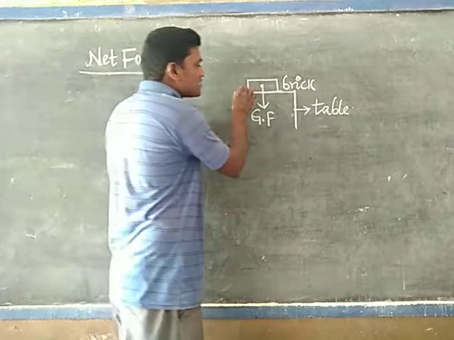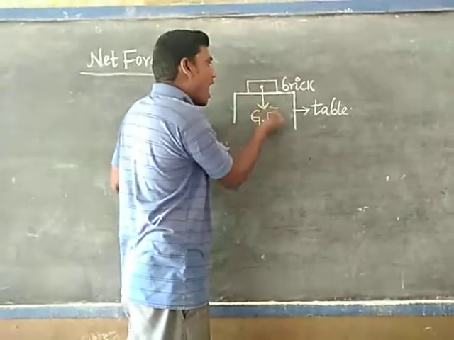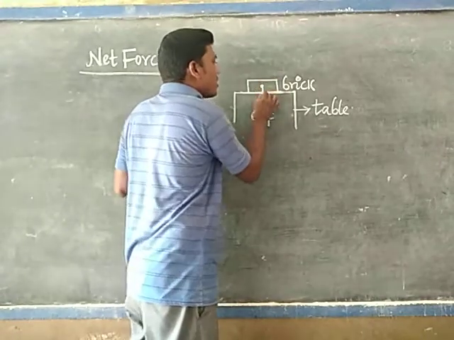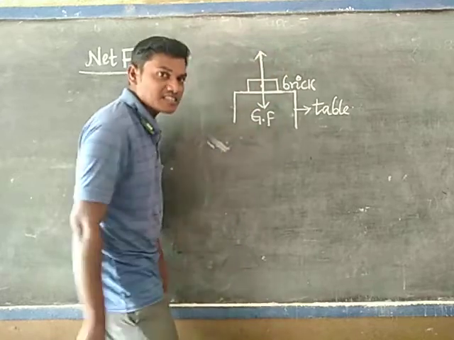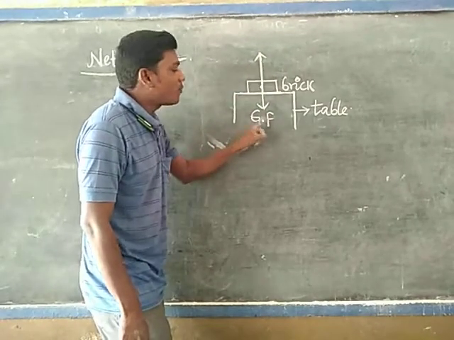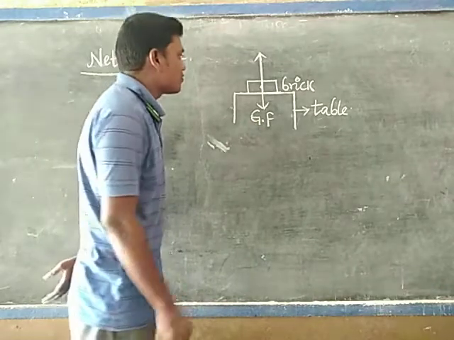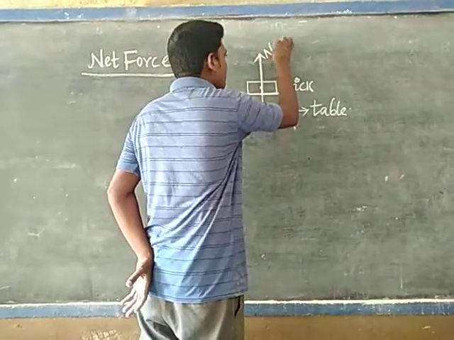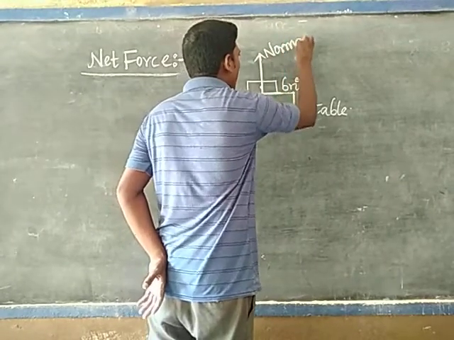The rigid surface of the table applies some force on the brick vertically upward, opposite to the gravitational force. That is why this force is called normal force.